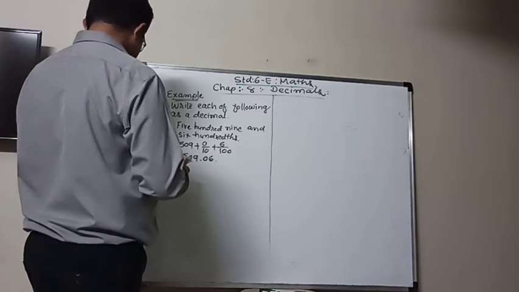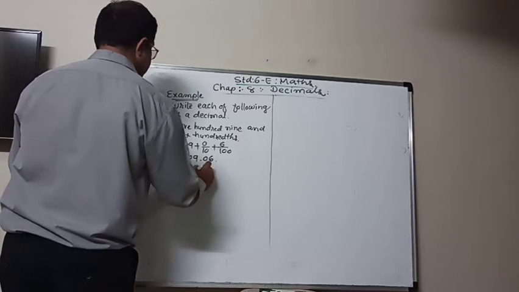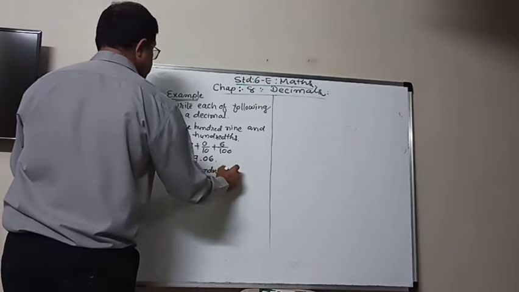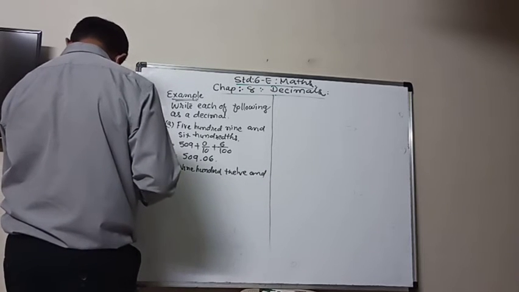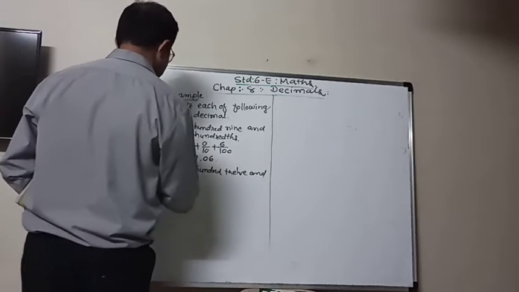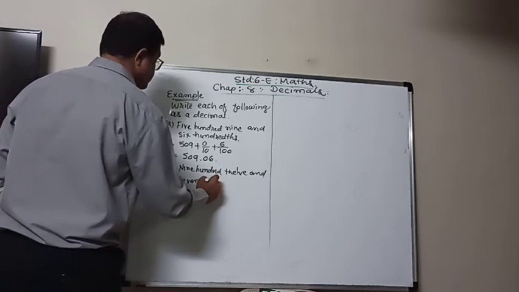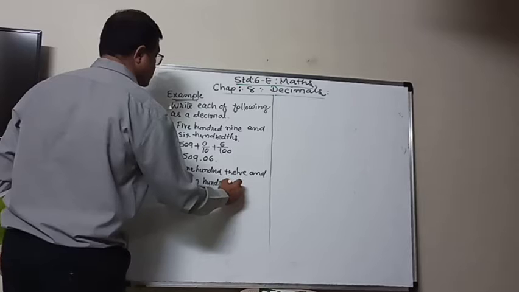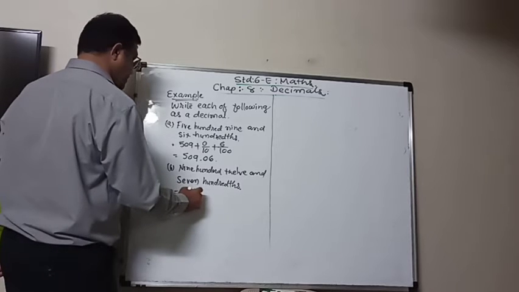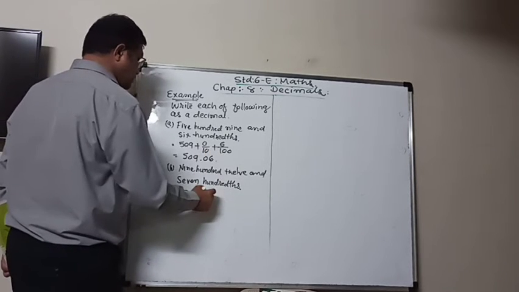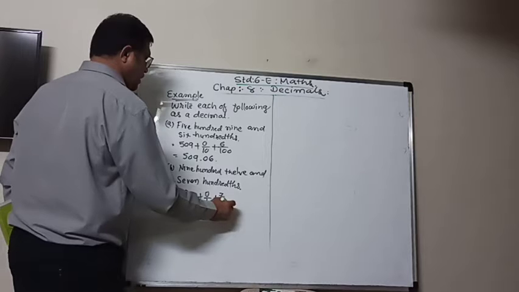Second one is 912 and 7 hundredths. So here also 912 means 912 plus, there is no tenths, so 0 upon 10 plus 7 upon 100.